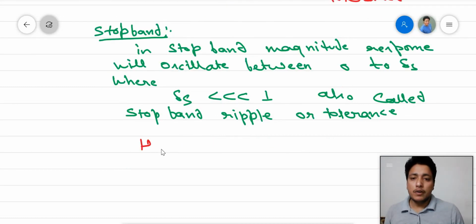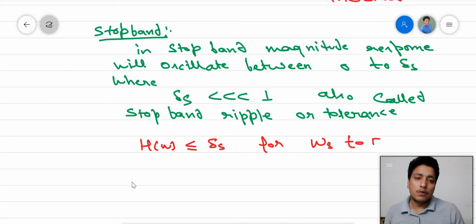Then the magnitude of H of omega is less than or equal to delta s for omega s to pi.